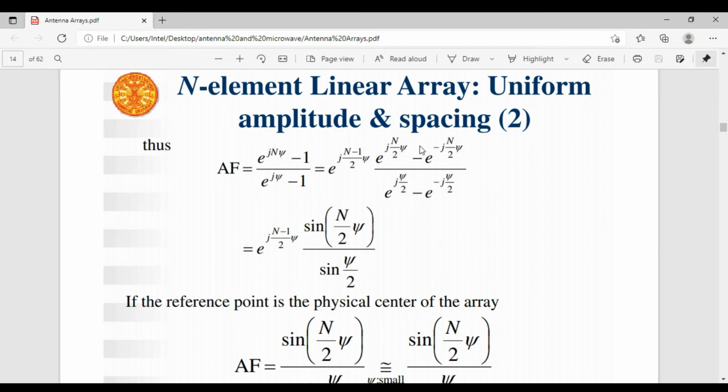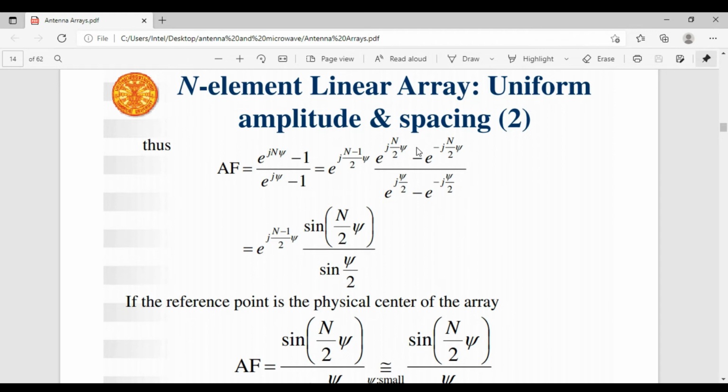Okay. So we know e power j theta minus e power minus j theta is equal to 2j sine theta. The same formula is applied here. So 2j sine (n psi by 2) divided by e power j psi by 2 minus e power minus j psi by 2, that becomes 2j sine (psi by 2).